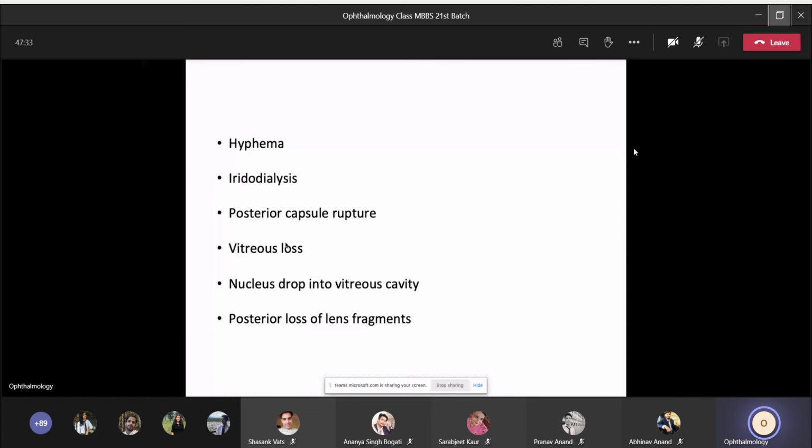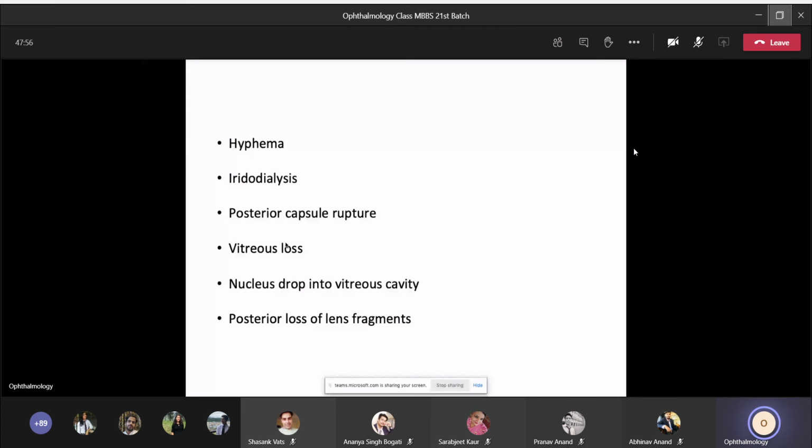During surgery, as I said in the last class, the posterior capsule is very weak and the posterior pole is very thin, so the patient may have a posterior capsule rupture during the surgery. If the posterior capsule rupture is there and we are causing traction on the vitreous, it may lead to vitreous loss.